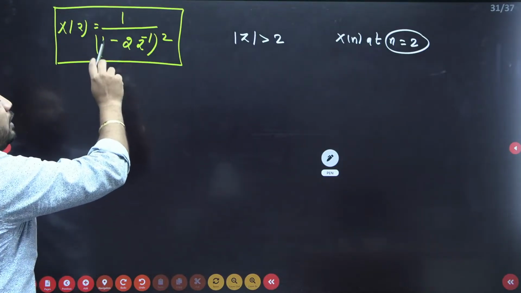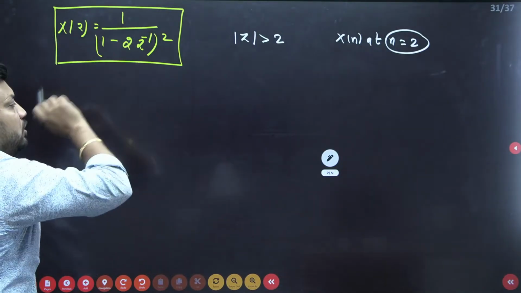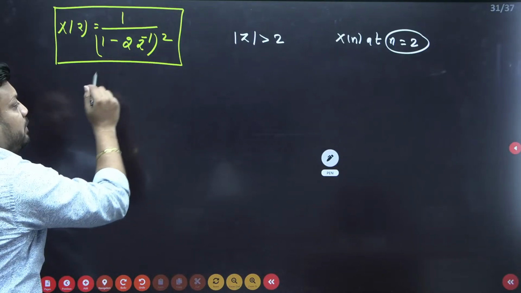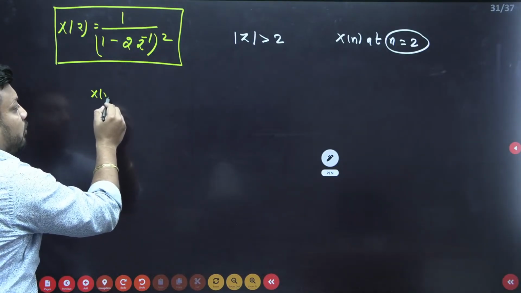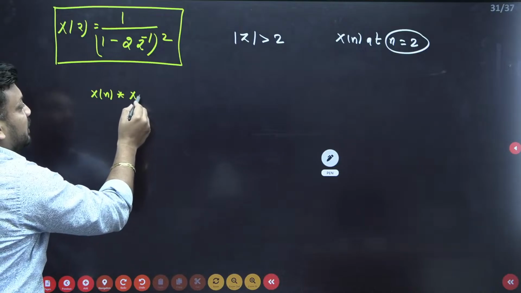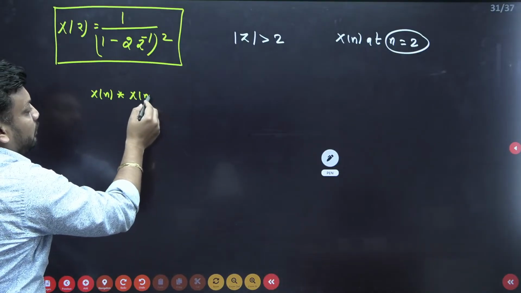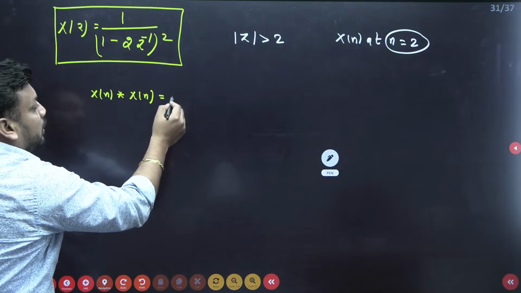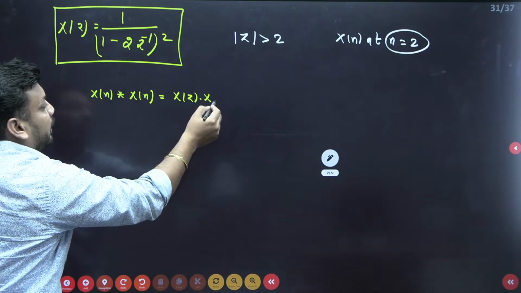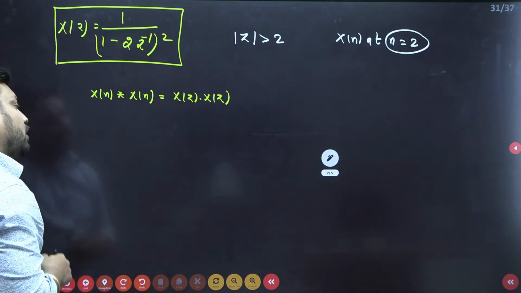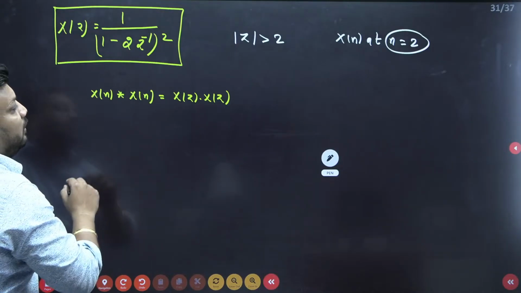Now, student, here 1 upon (1 minus 2 z inverse) whole square. It means it is a property based question, because we know that convolution in time is nothing but, suppose x1[n] convolved with x2[n] is nothing but X1(z) times X2(z). Yes or no? Convolution in time is nothing but multiplication in frequency.